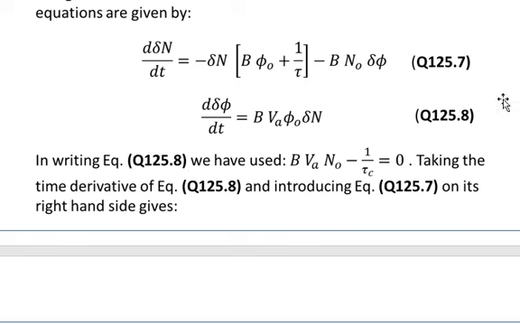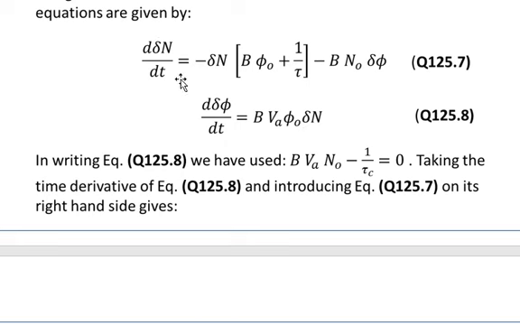In writing equation number 8, that is this last equation, we have used that B times VA times n naught minus 1 over tau c is equal to 0, where tau c is the lifetime of the photons in the cavity. Taking the time derivative of equation number 8 and introducing equation number 7, you see that it becomes the double derivative of delta phi over here, and on this side it becomes the derivative of delta n over dt.